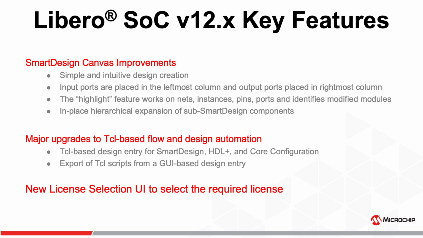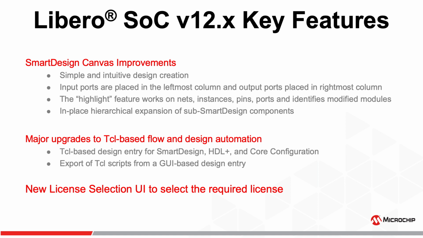Here are a couple of key features of Libero 12.x releases. There are a lot of features introduced with the 12.x. In terms of the SmartDesign canvas, we have introduced a new SmartDesign canvas, which is simple and intuitive. Visualization is very easy because all the inputs appear on the left-hand side and the outputs appear on the right-hand side of the canvas.